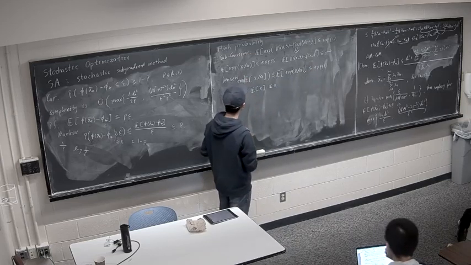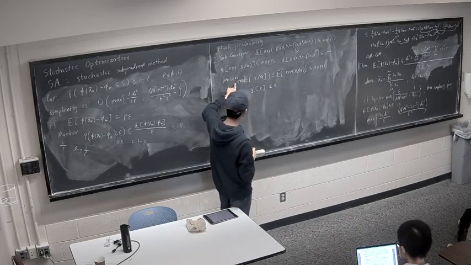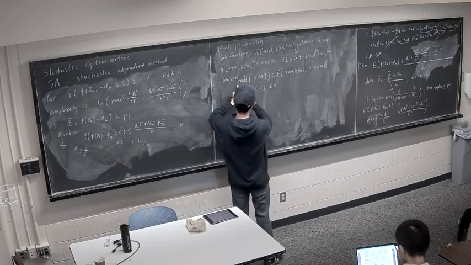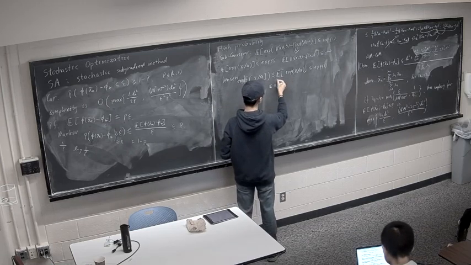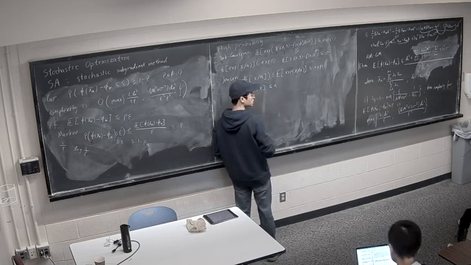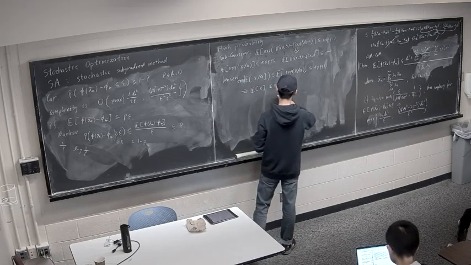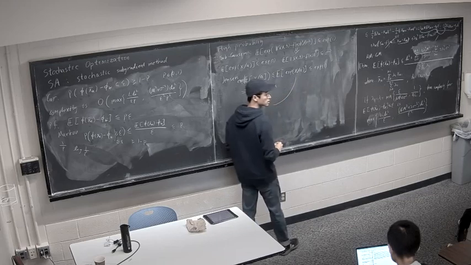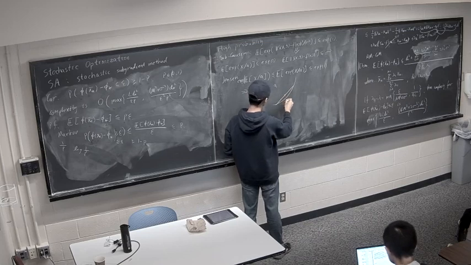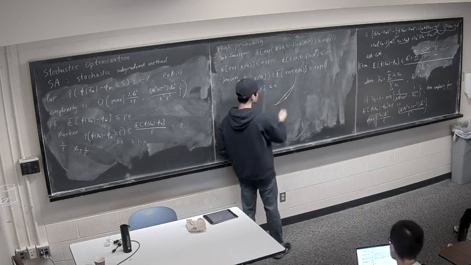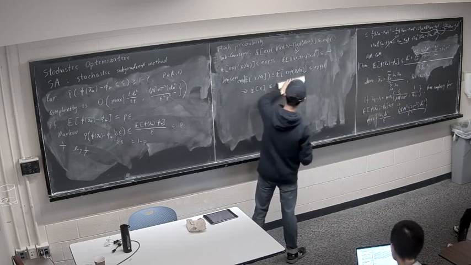So by Jensen's inequality, the exponential of this expectation is no more than the expectation of the exponential, right? Because exponential is a convex function, the convex combination of the function values always upper bounds the function value of the convex combination of the points, right? So this is Jensen's inequality.